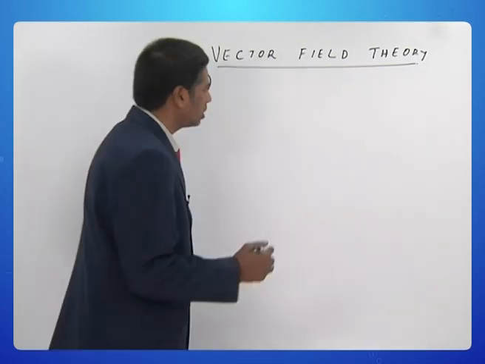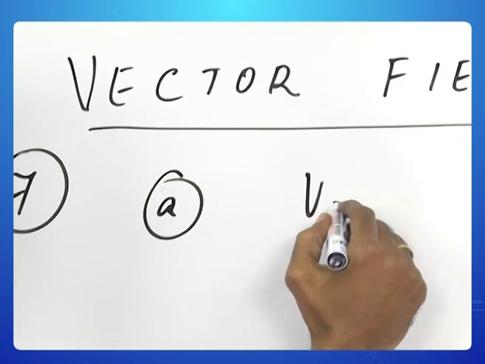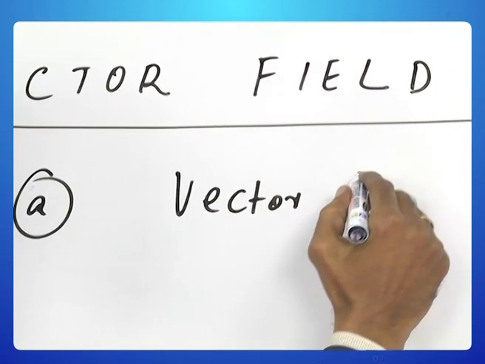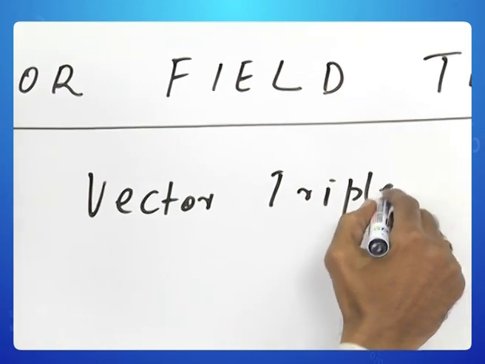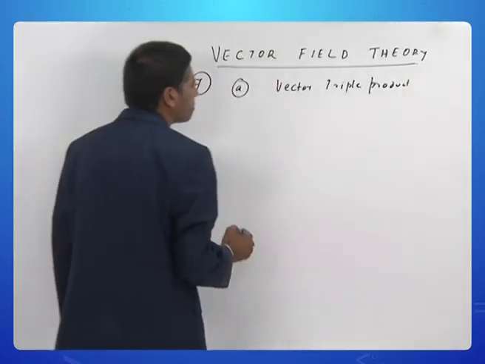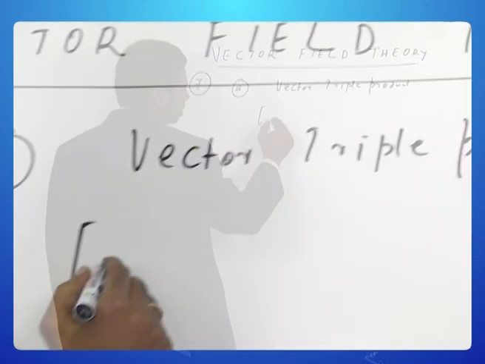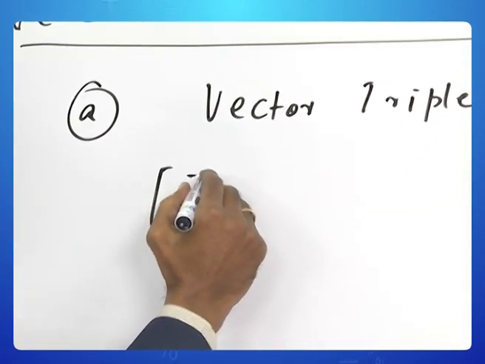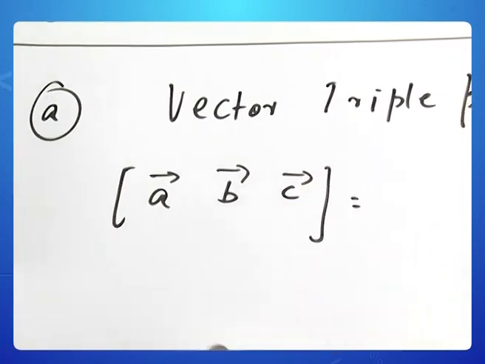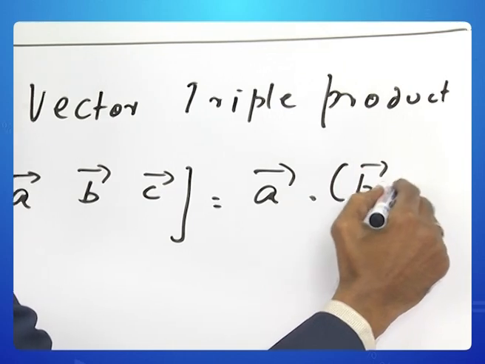So let us first define the vector triple products in which we have a notation, box ABC, which is nothing but A dot B cross C.